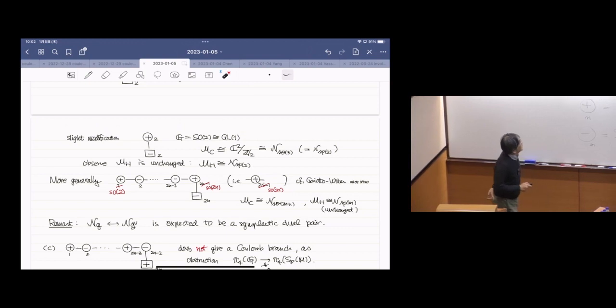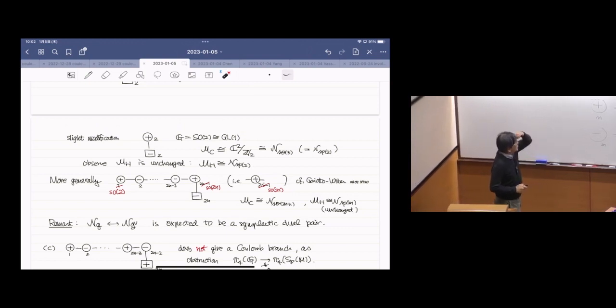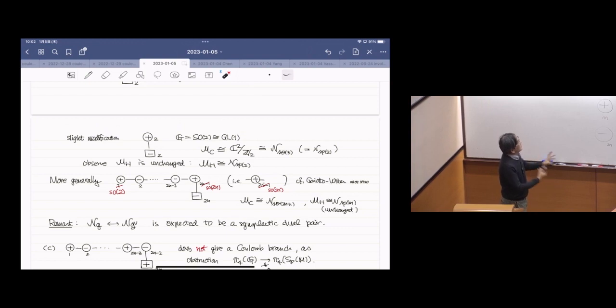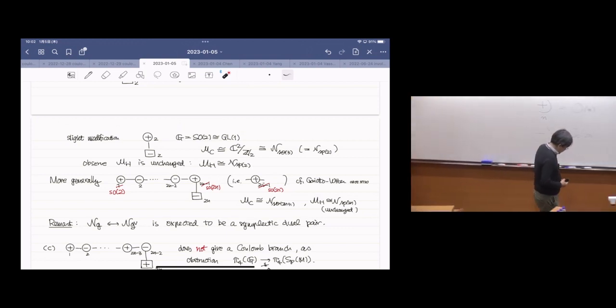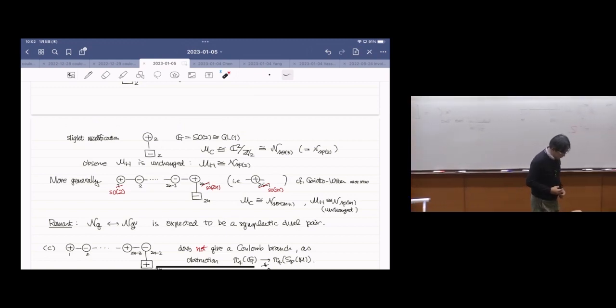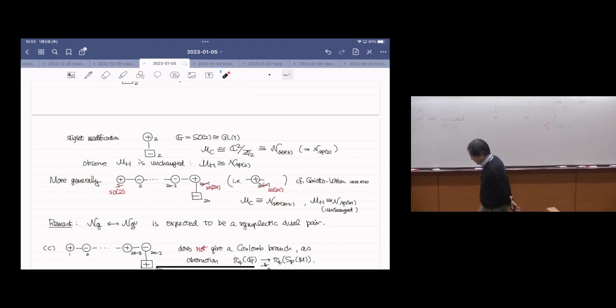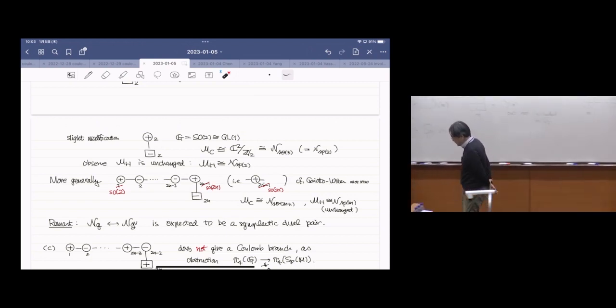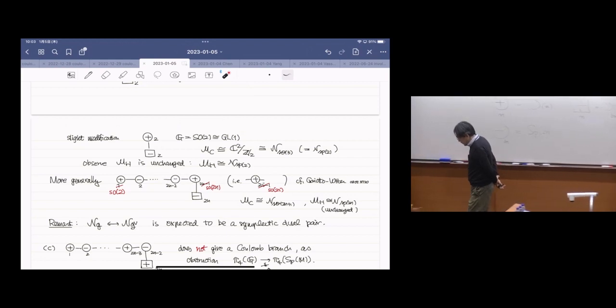And so, as I mentioned in the beginning, the relation between the Higgs branch and the Coulomb branch gives an example of a symplectic dual pair in the sense of Braden-Licata-Proudfoot-Webster. And as far as I understand, symplectic duality is a collection of phenomena, so we still don't have a theoretical understanding.